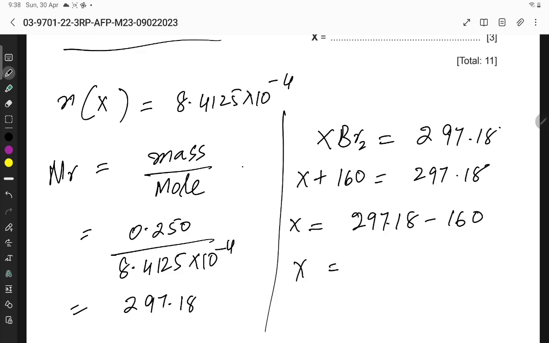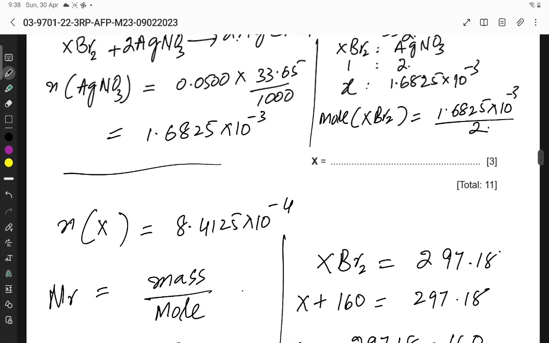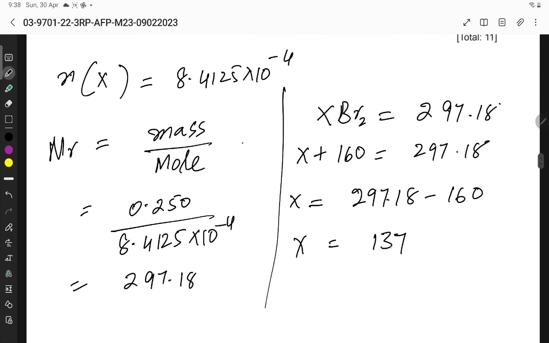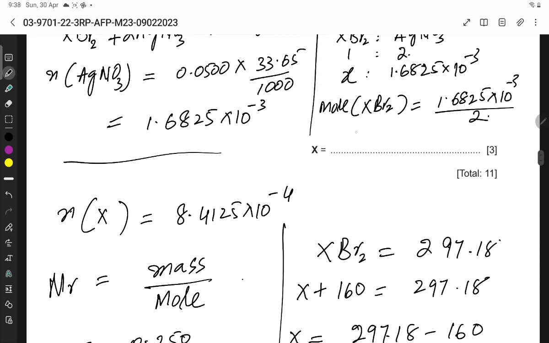X is 137, and this is a group 2 metal. If we look at the group 2 metals in the periodic table, it is barium. The Ar of barium is 137. So the answer is BaBr2.